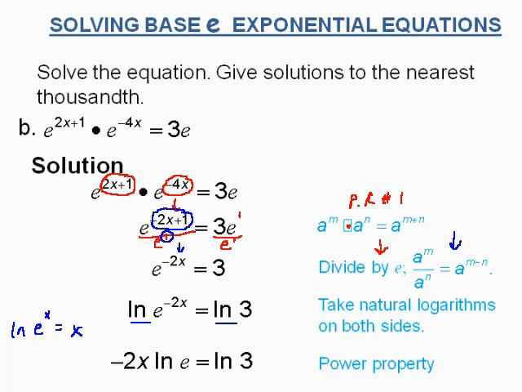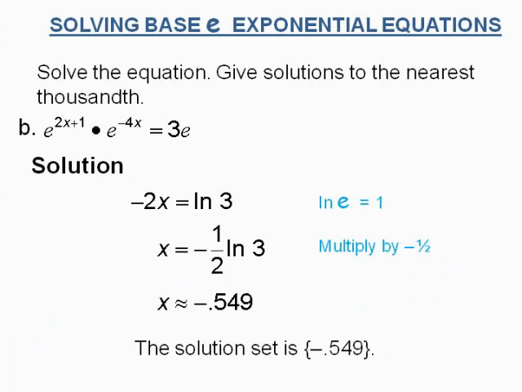When the ln hits this e, in this case they pulled the negative 2x out using the third log rule, and wrote ln e, which I've seen students do too. But the ln of e, you should know, is 1. This one's got all kinds of good stuff in it. So that gives us negative 2x times ln e, which is 1, equals ln 3.